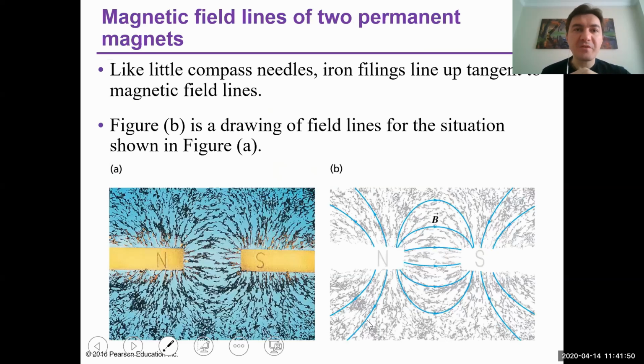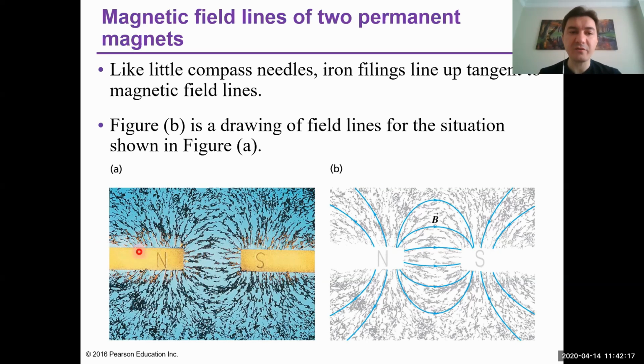Okay, so now let's give also very short information about magnetic field lines of two permanent magnets. Here we have one permanent magnet, N pole, S pole here, another permanent magnet, S pole, N pole here. And here you see iron particles, iron powder or iron filings, demir tozları in Turkish, okay?